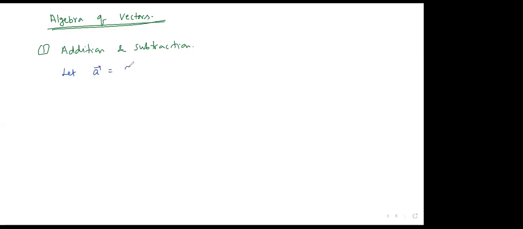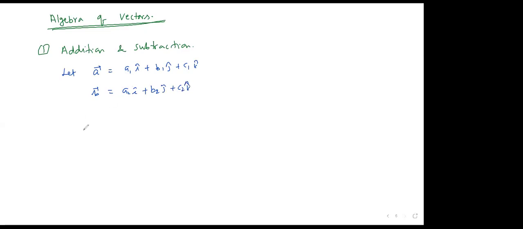Vector A equals A1 i cap plus B1 j cap plus C1 k cap, and vector B is A2 i cap plus B2 j cap plus C2 k cap.